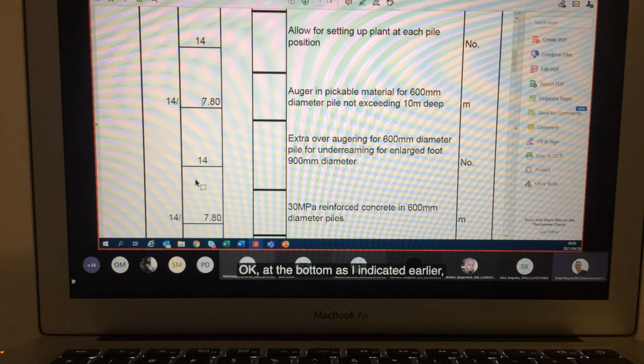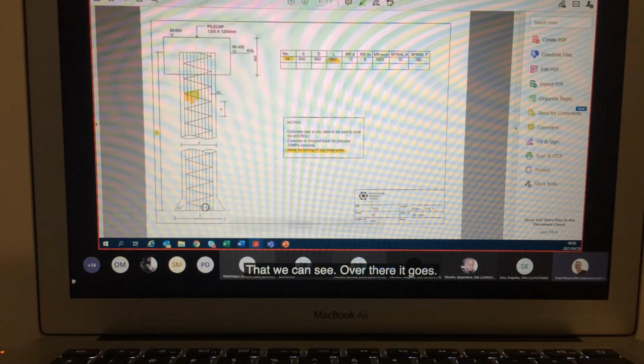Okay? Now at the bottom, as I indicated earlier, we would have to expand the foot of this pile. We say extra over augering for 600 millimeter diameter pile for under reaming for an enlarged foot 900 millimeter in diameter. And that we can see over there.